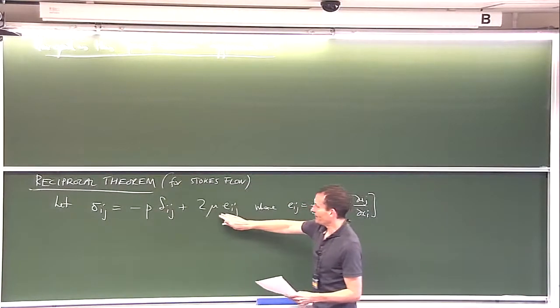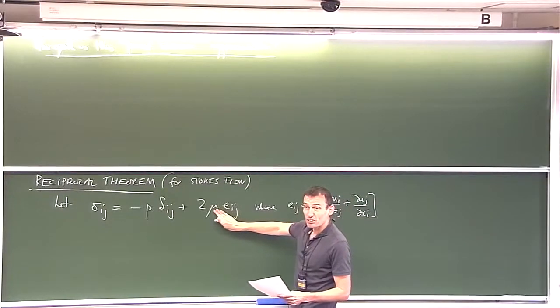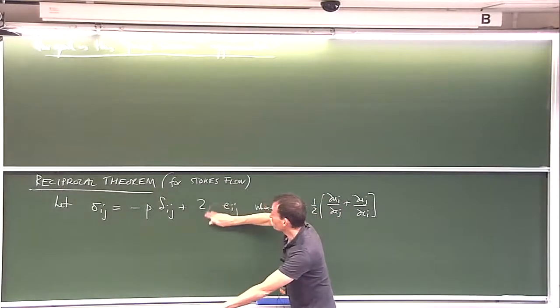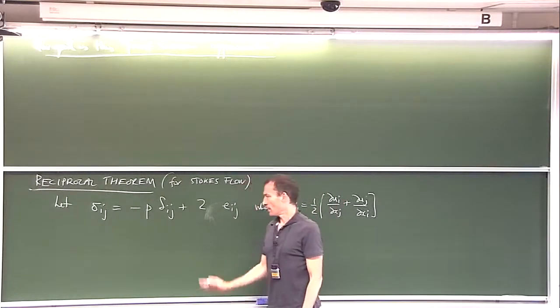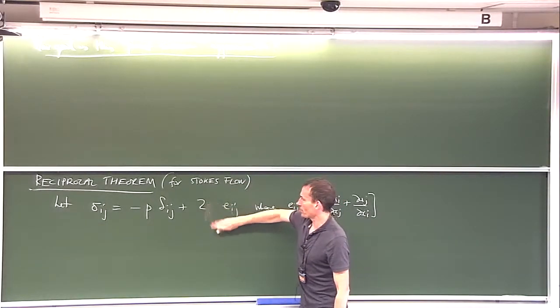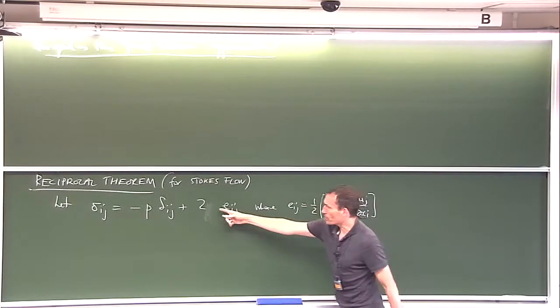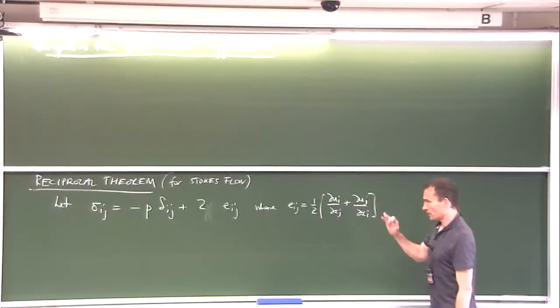By the way, this mu here is the viscosity. It's not the mu over there, but remember, I've taken the viscosity to be 1 all through these lectures. So I put it there in case you're wondering about it, but in principle it's sitting there, and I've set it equal to 1.